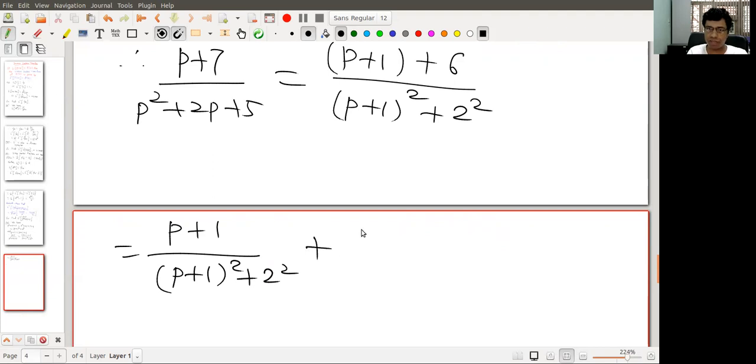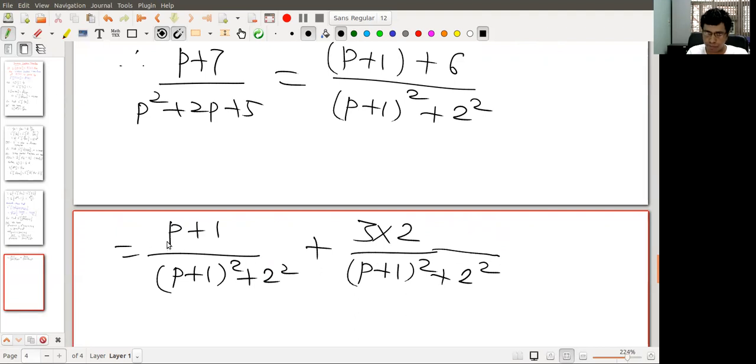Plus 6, we write it as 3 into 2 divided by p plus 1 square plus 2 square. Okay, so 3 is constant, this can be a divided by p square plus a square. Okay, it is not p, it is p plus 1, but we know some property which we can use.